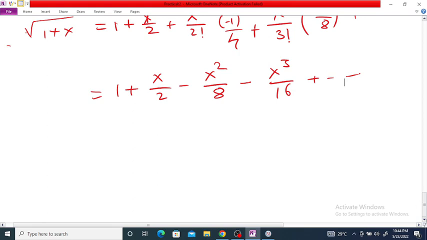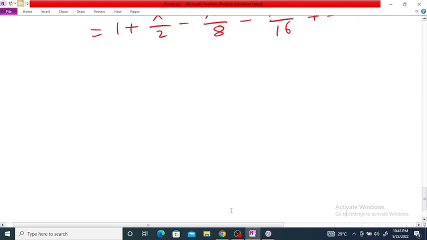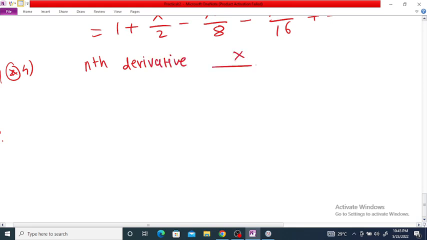Now the next example, maybe example 4 or 5: find the nth derivative of x divided by x minus 1 into x minus 2.